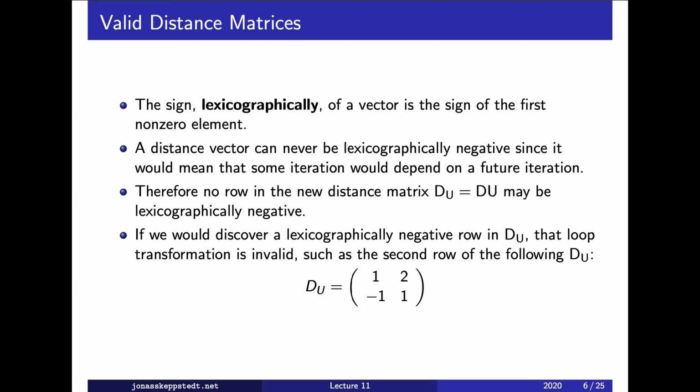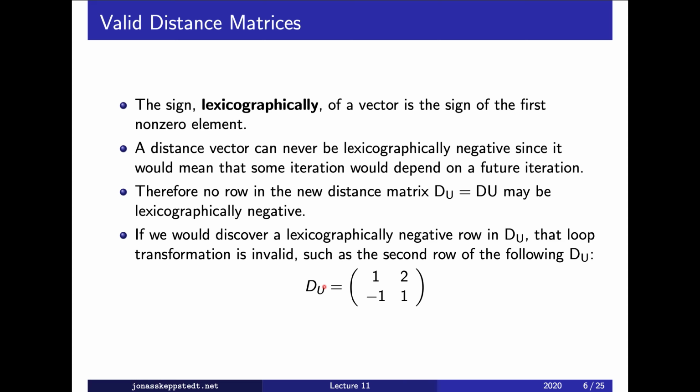If we would have a negative first non-zero, it would mean that an iteration depends on a future iteration. So this one is invalid.